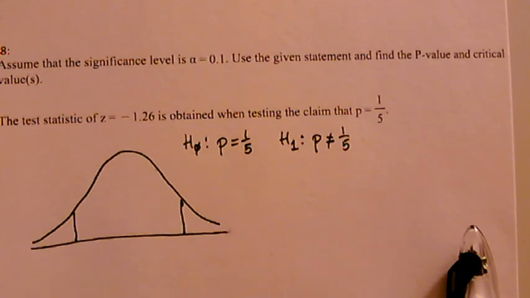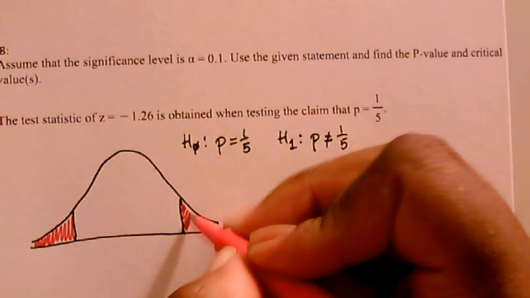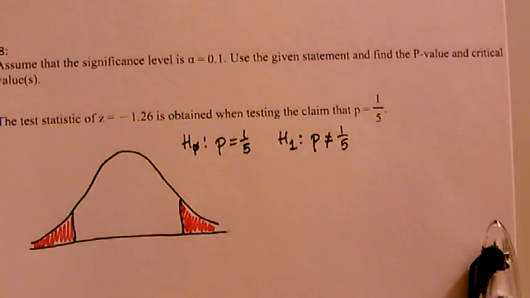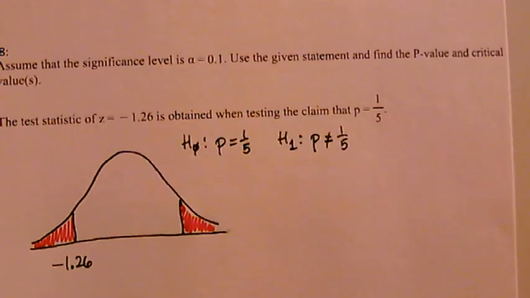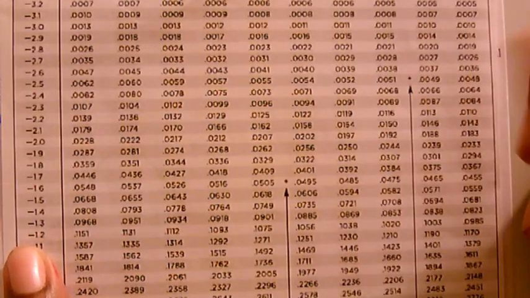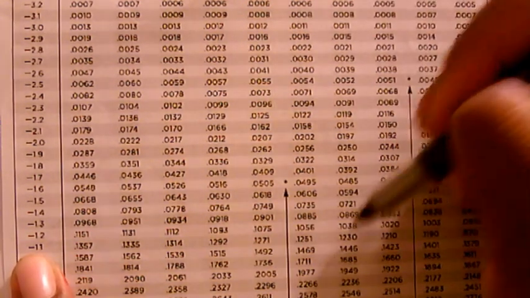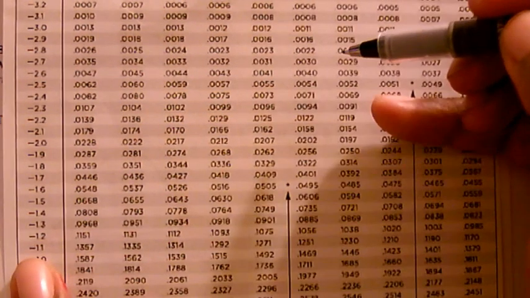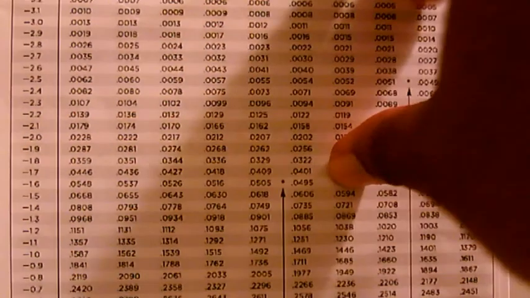Now when I find the p-value, since it's a two-tailed test, I have to take 2 times the area beyond the test statistic, which in this case is z equal to negative 1.26. And it is a negative z value, so we find negative 1.2. We use our standard normal distribution table, find negative 1.2, and then 0.06 is this column here. Read across and down. It will be 0.1038. Okay?